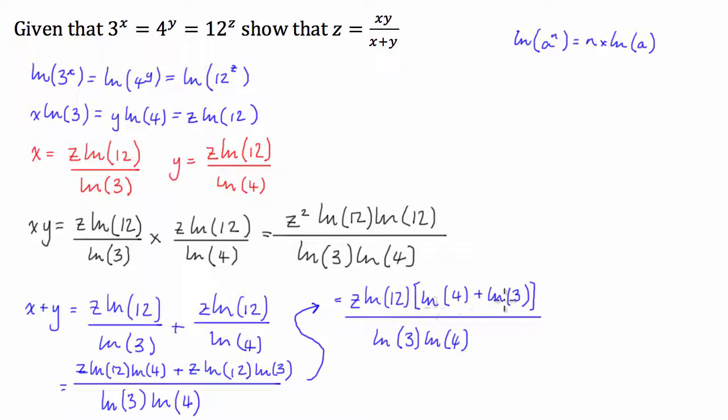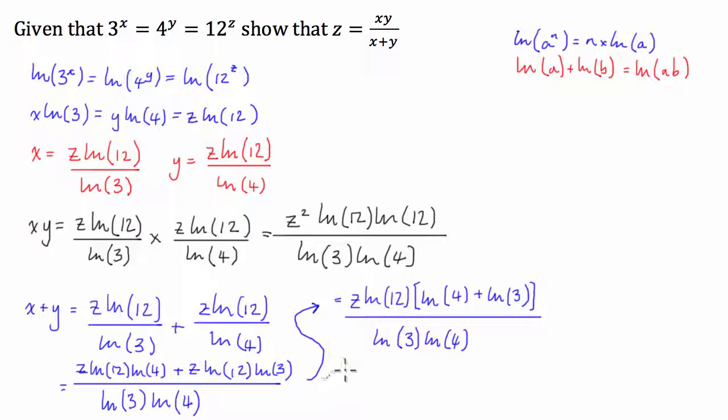So what we can do is, using another log law, for this part inside the bracket here, we're going to use the log law ln of a plus ln of b is equal to ln of ab. So if we've got two logs with the same base adding to each other, we can effectively make them into one log and multiply them together.